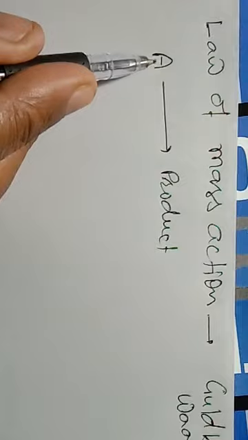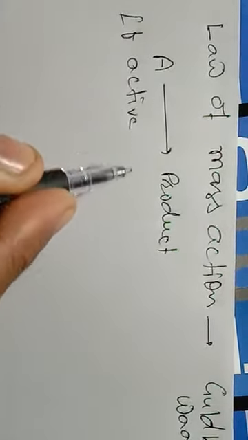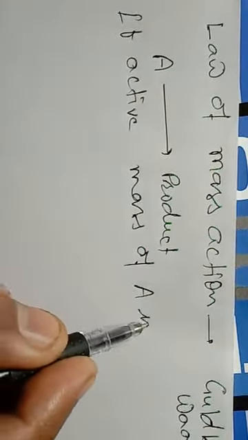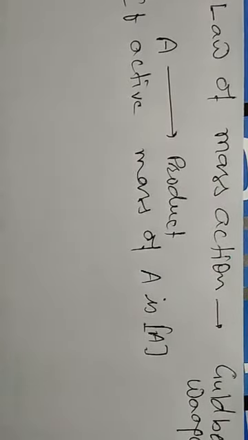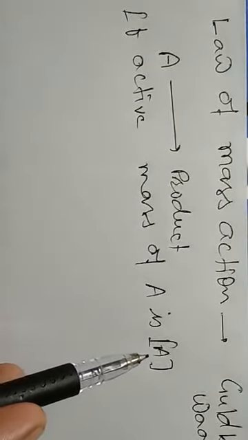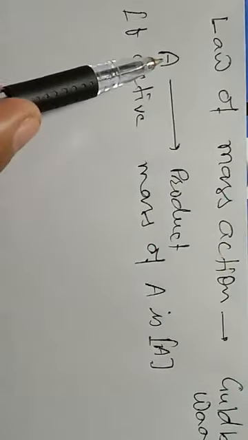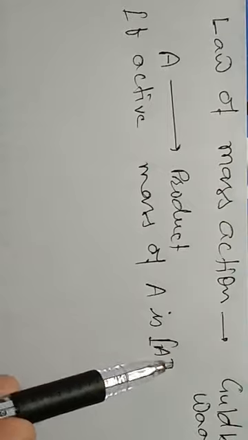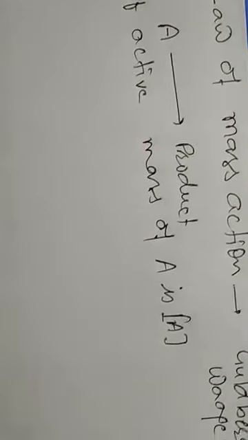if the active mass of A is [A] in square bracket, so the active mass of any substance we represent in this way. What we do is write the symbol or the formula of the substance inside the square bracket. It means the active mass of that particular substance.